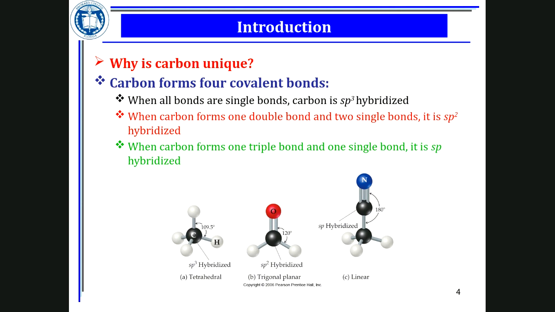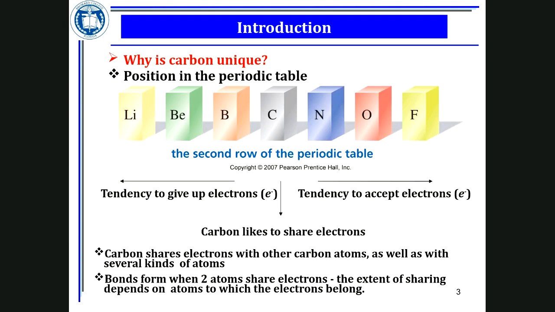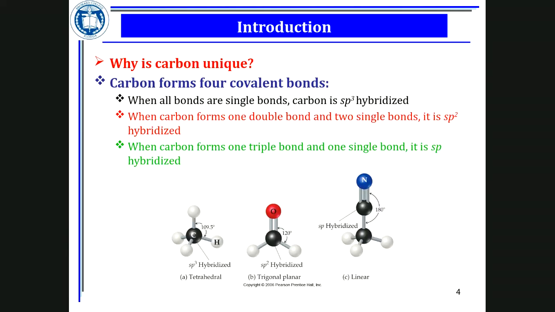Total 6, so that adds up to 8 electrons. So any element in level 2, that is nitrogen, oxygen, fluorine, carbon, cannot have more than 8 electrons. So carbon cannot have more than 4 bonds. 4 bonds is the satisfaction, the best thing for carbon. That's why it's called tetravalent.